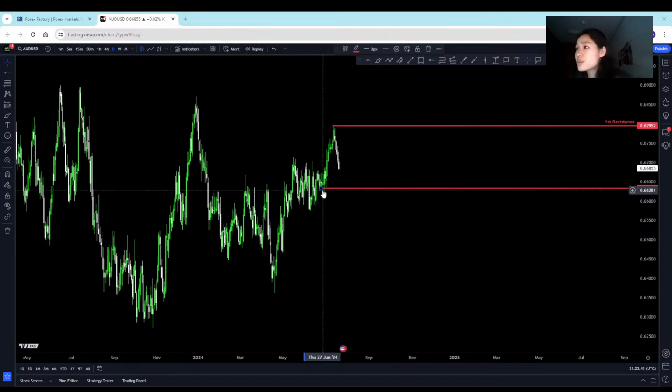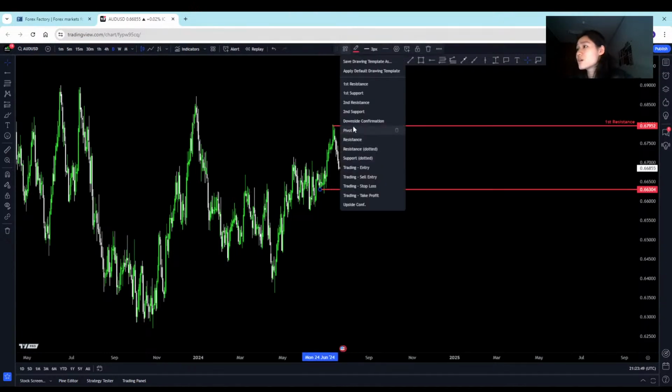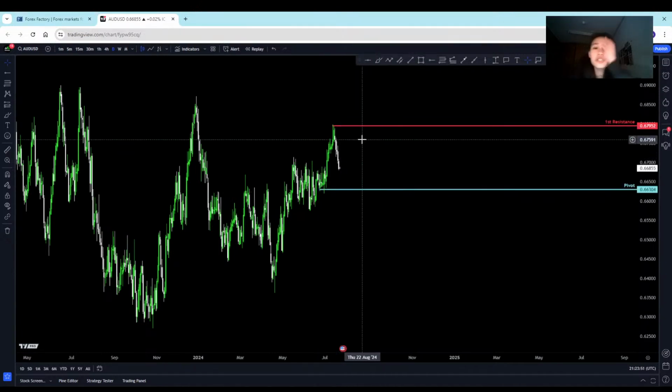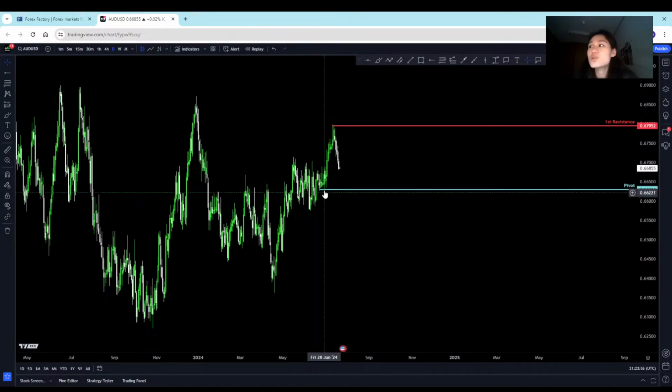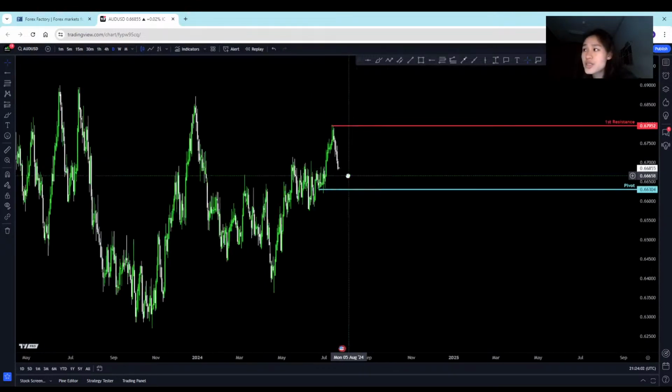My pivot's just going to be down here for now. I get a lot of questions asking what exactly the pivot is. We just label it as a pivot, but it's basically your sell entry, buy entry. It's just another name for it, I guess.